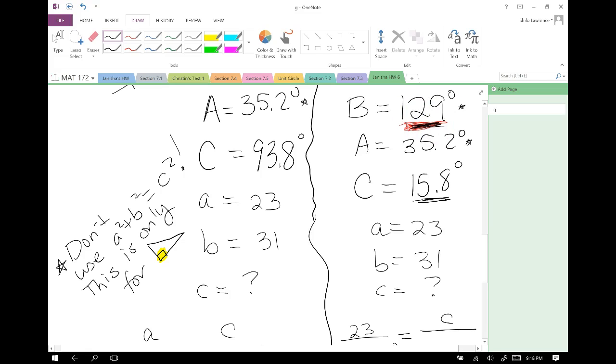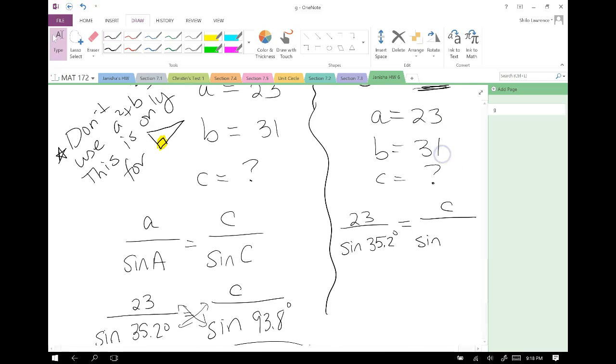We subtract it from 180, makes B really big, and that made C really small, 15.8. And we want to solve this for little c. Cross multiply. C times the sine of 35.2 equals 23 times the sine of 15.8. And to solve for c, we just have to divide over that sine of 35.2.